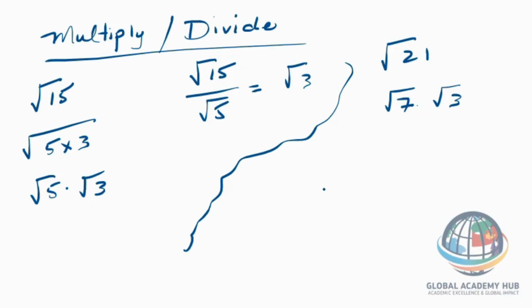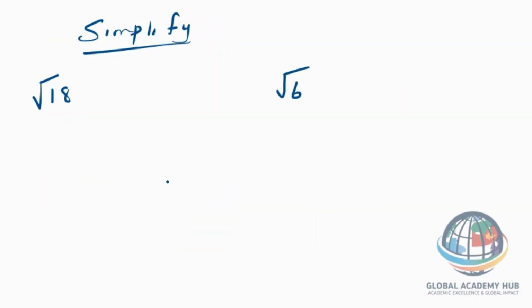One more example. The square root of 30 is the same as the square root of 10 multiplied by the square root of 3. And this is going to play a very important role when we come to simplifying surds.